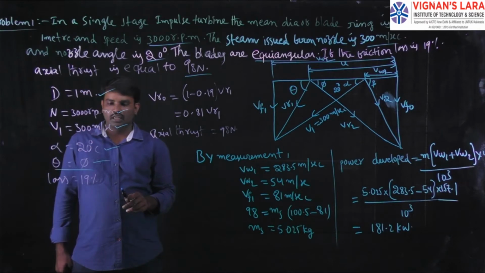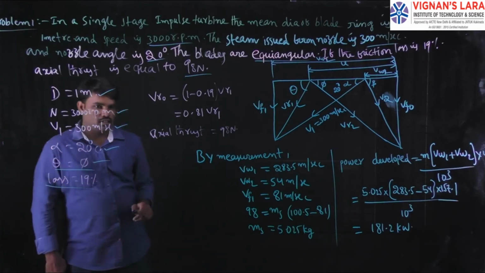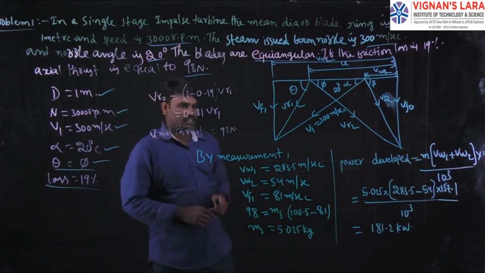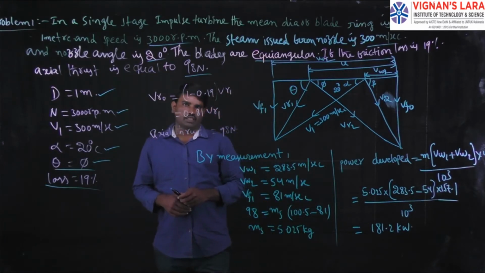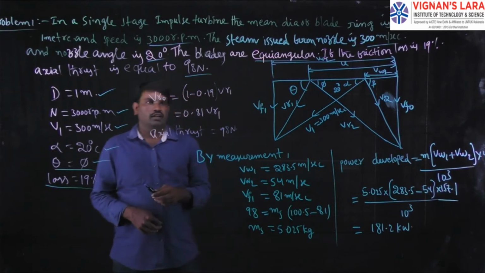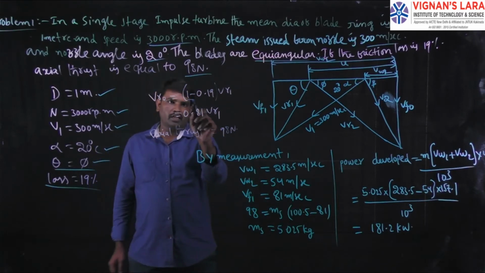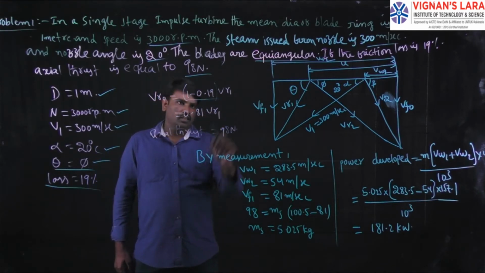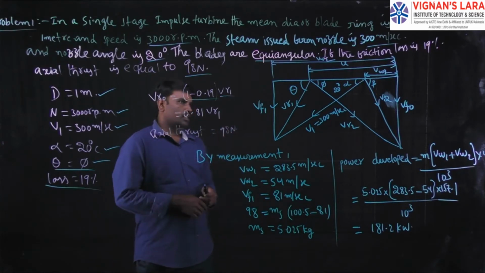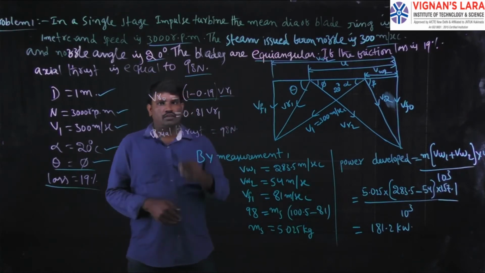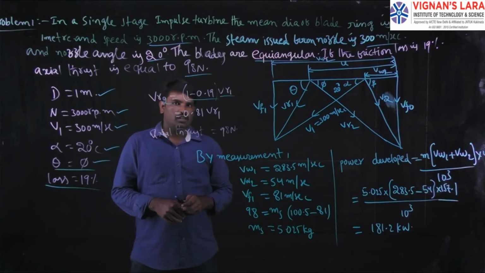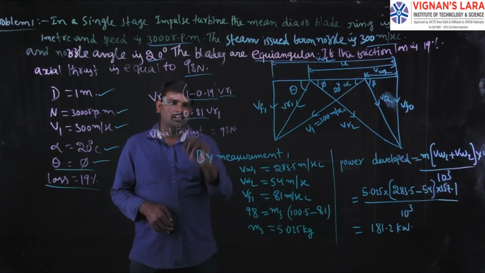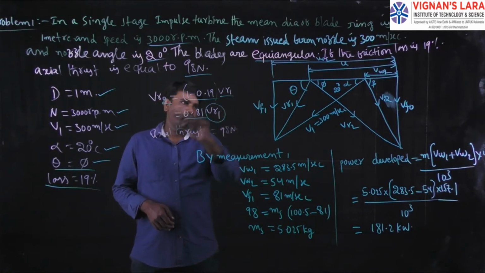The losses are 19%, that means the relative velocity loss is 19%. The inlet velocity is VR1, and (1 minus 0.19) into VR1 gives the relative velocity at outlet. We can write this VR2, the relative velocity at exit, as the losses factor into the relative velocity at inlet.